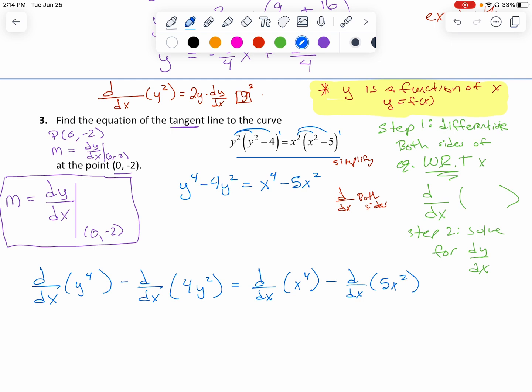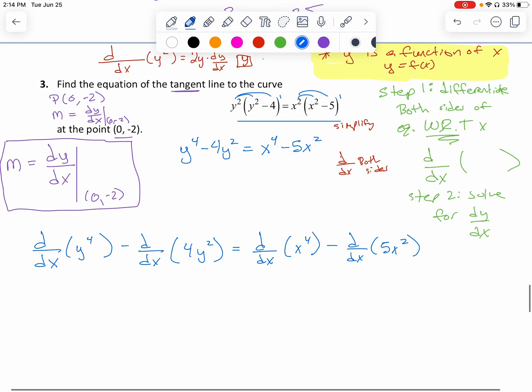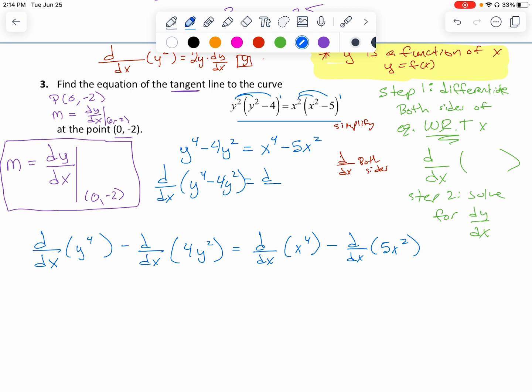You don't really need to break it up as much as I just did, but I want to show each individual step. You could just take d/dx of the whole left side, which would be acceptable as well, knowing that you can go term by term from there. At least have one line where you're taking the derivative of both sides.